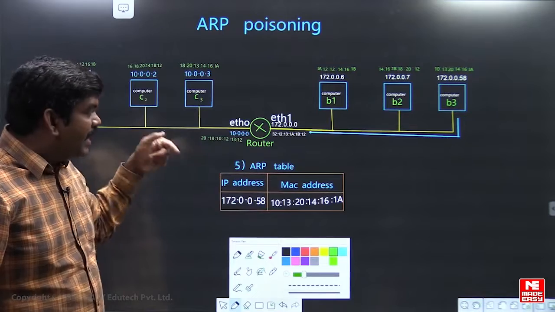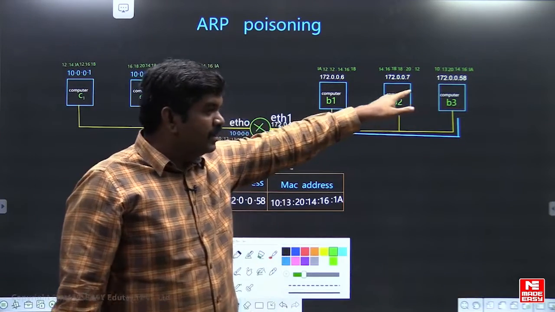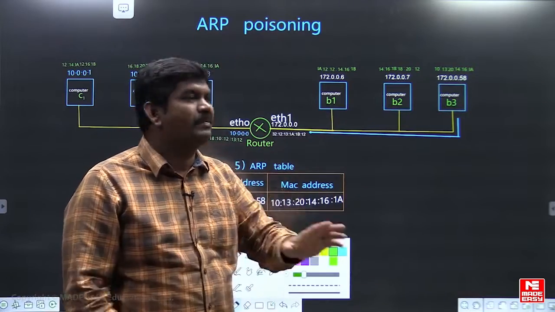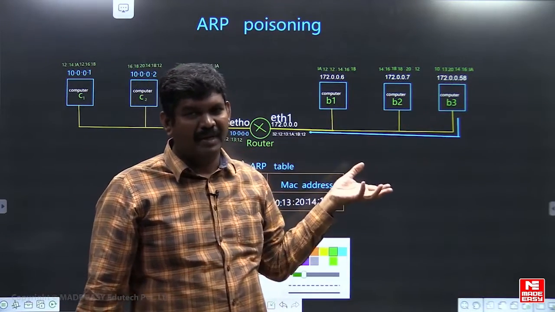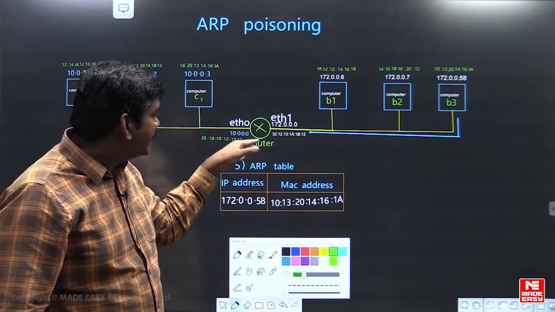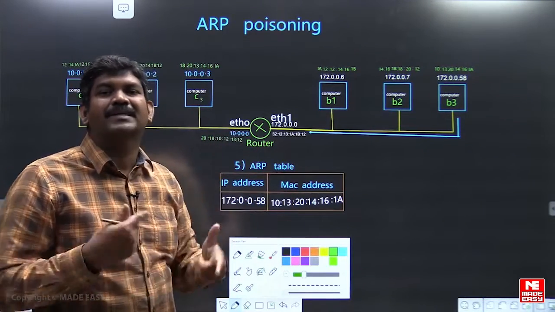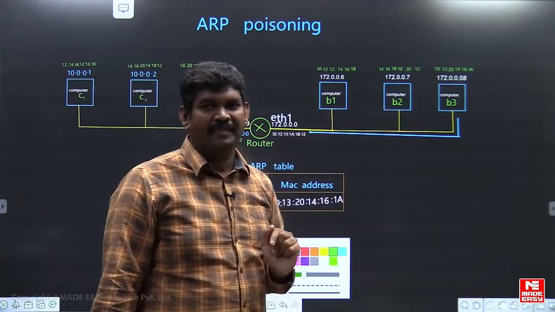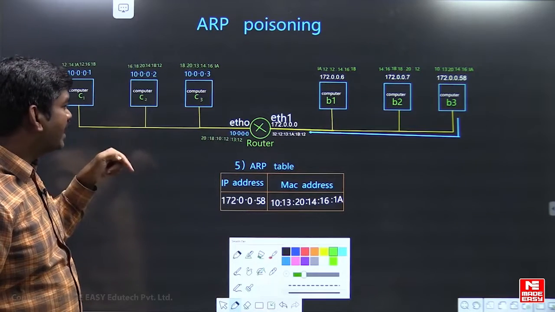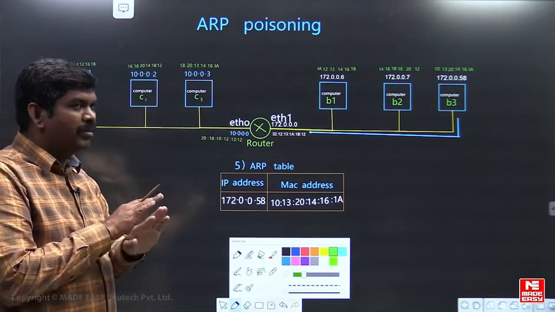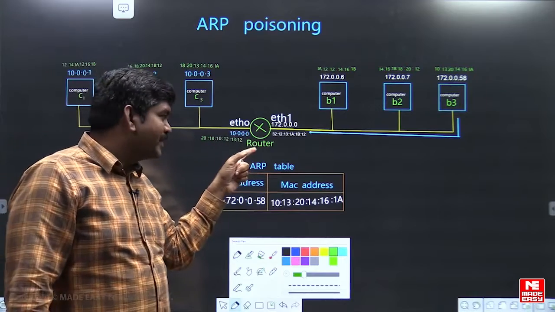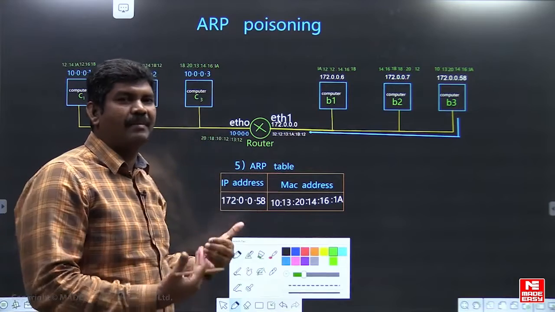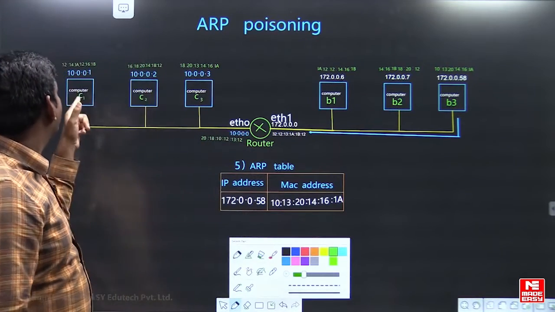The hacker, with the help of this IP address, 172.0.0.58, which is the legitimate IP address of a particular computer that he can get from DNS also, impersonates it. The hacker is having this IP 172.0.0.58. Now when the ARP request came, what happens? C2, C3 won't respond, but once it came to the router, the hacker at that point will tell that that IP belongs to him and this is the MAC address, and he is going to give the reply to that C1.